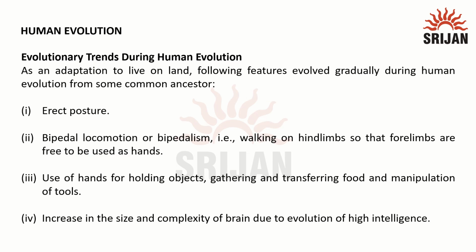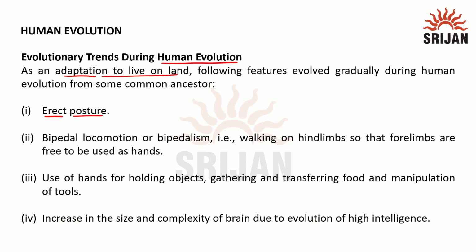Next, let us take the evolutionary trends that can be seen in human evolution. As we shifted from tree dwelling to land and adapted to living on land, certain features started to evolve and show up gradually. Some of them are, one, erect posture, that means we started to stand straight.